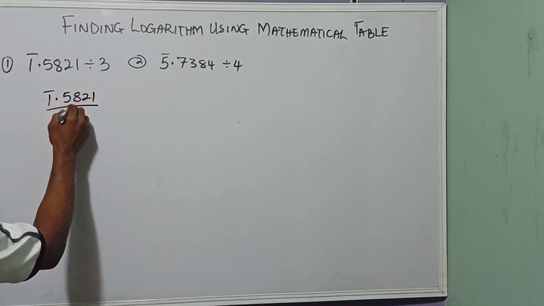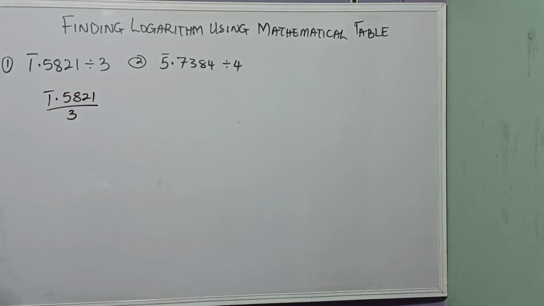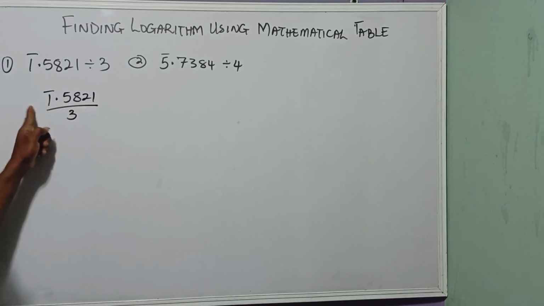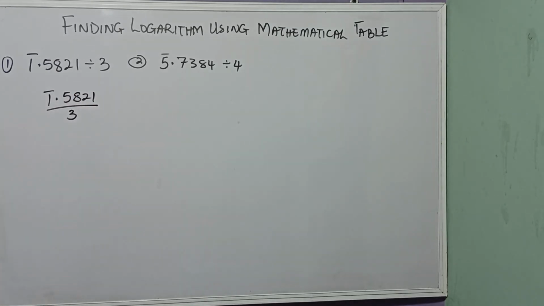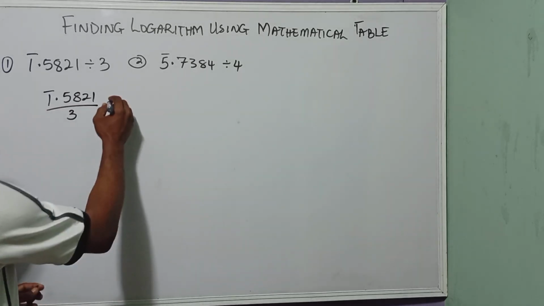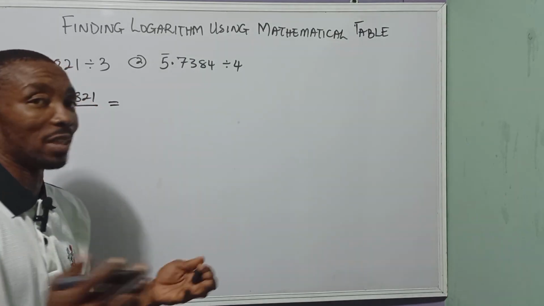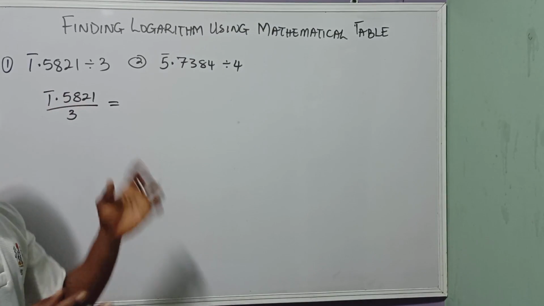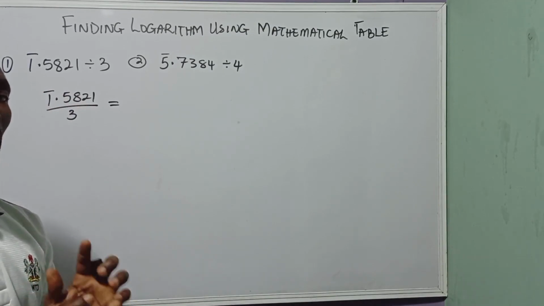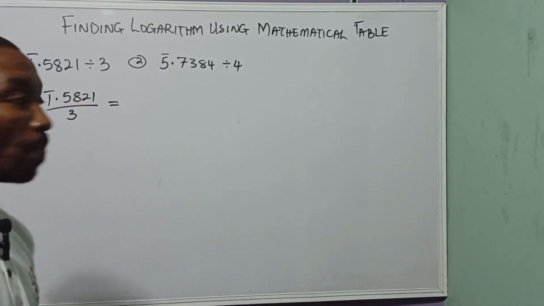1.5821 divided by 3. Now, in order to simplify this for it to be divisible by 3, what we are going to do is find a catalyst. I do call it a catalyst, okay, to add to this equation to balance it, but yet it is not taking part in the calculation.